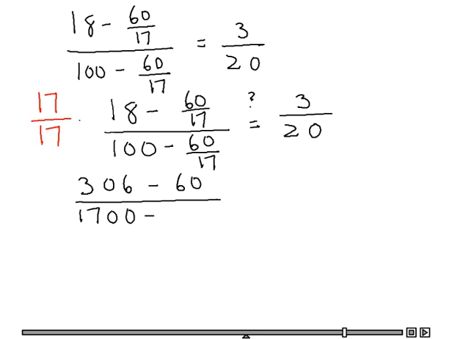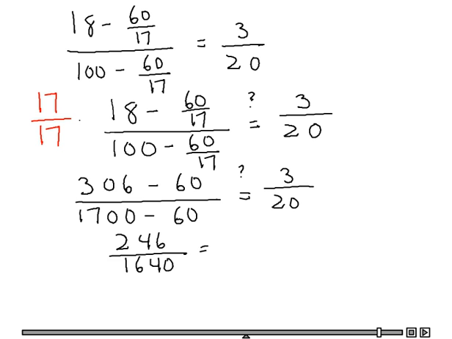And 17 times the 60 over 17 will produce 60. And we hope this will simplify to 3 divided by 20. The 306 minus 60 will produce 246, and the 1700 minus 60 will produce 1640.